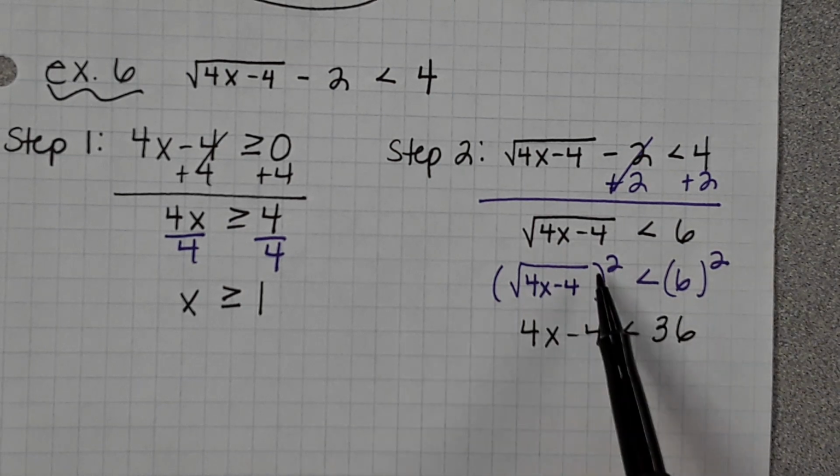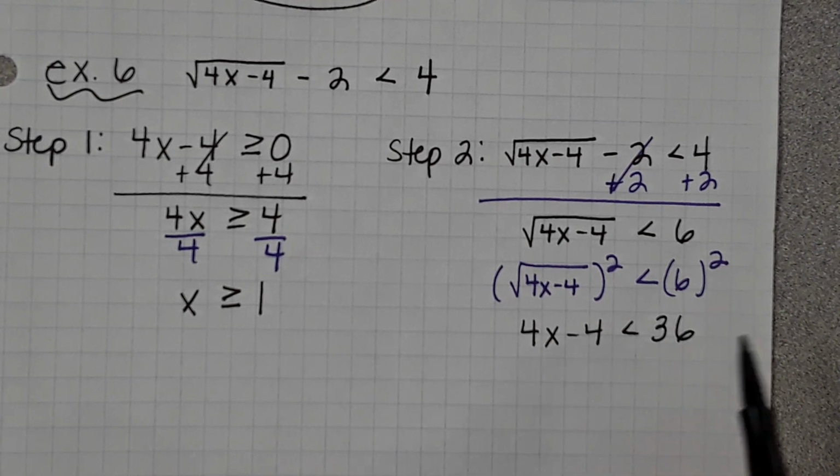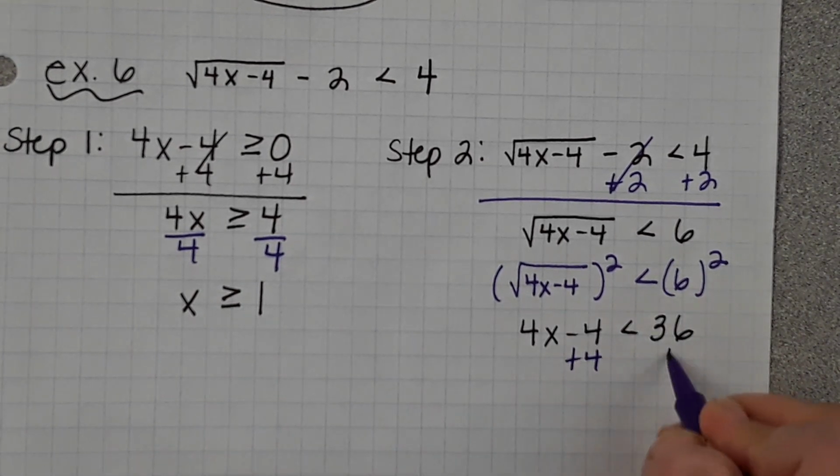Remember, when you square both sides, it just gets rid of the radical. You actually have to square 6. 6 squared is 36. Now we're going to add 4 to both sides.